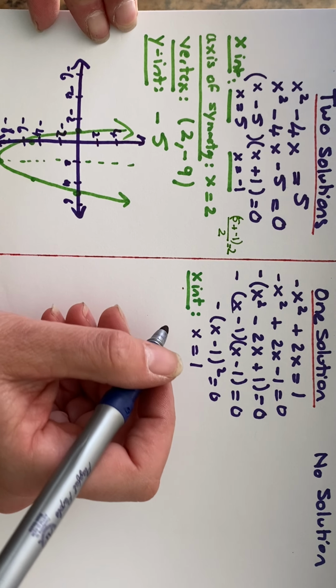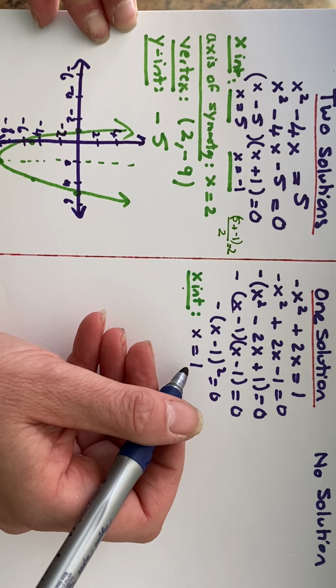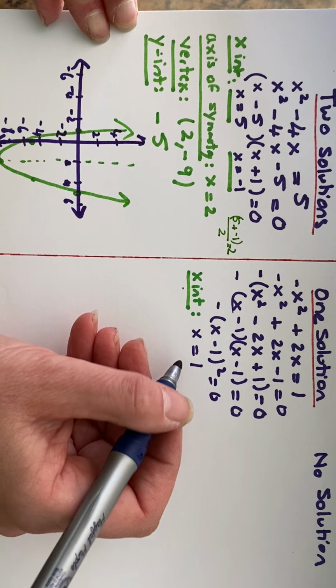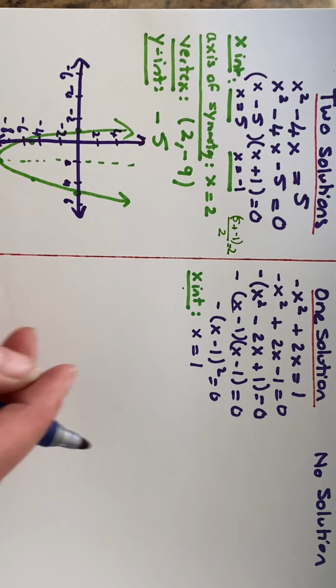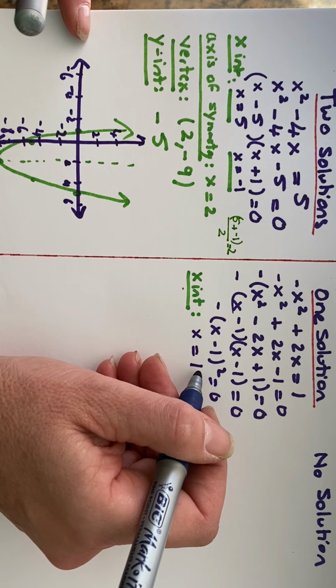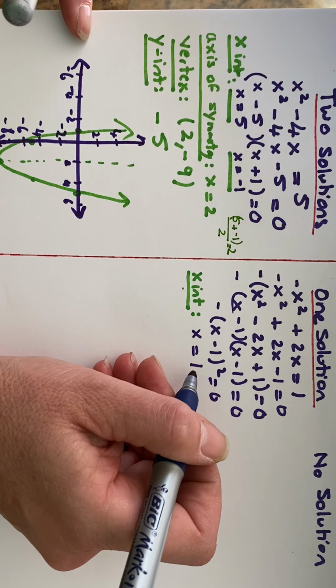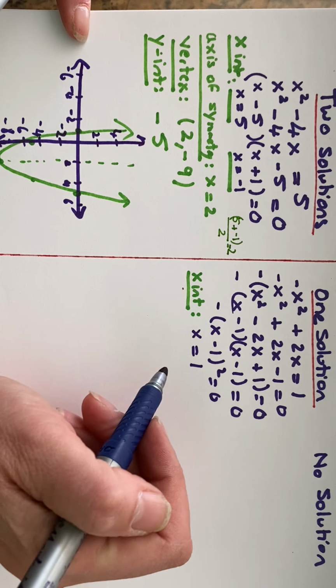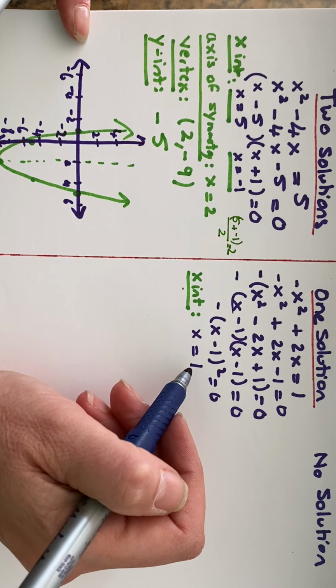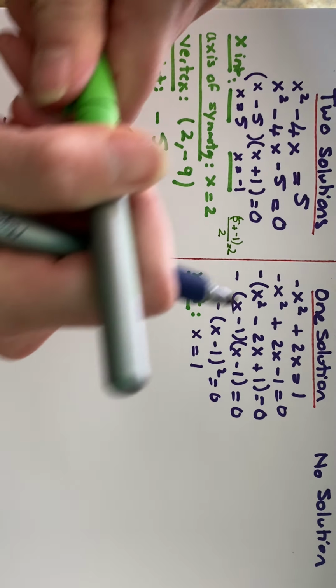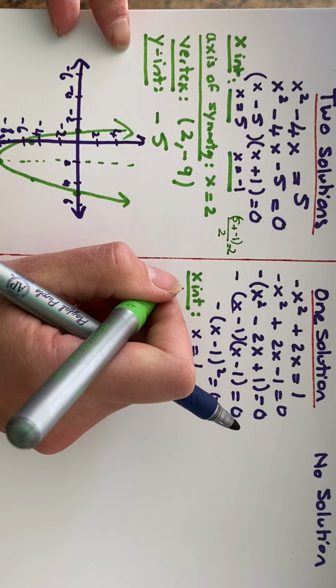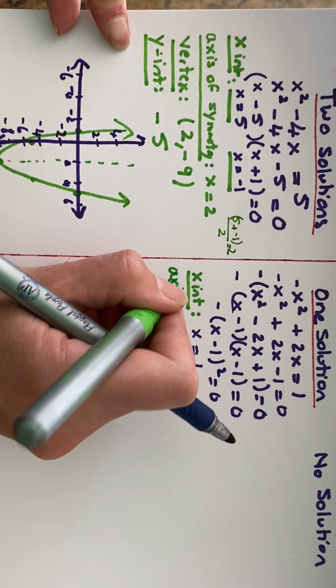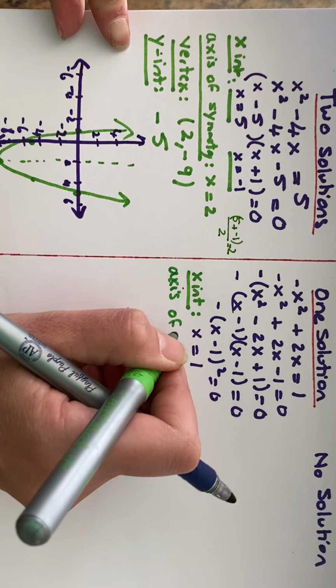All right. Well, let me use that to find my axis of symmetry. Well, remember what we looked at before, when there's only one solution, it means my x-intercept is also my vertex. That means my axis of symmetry is also x equals 1.